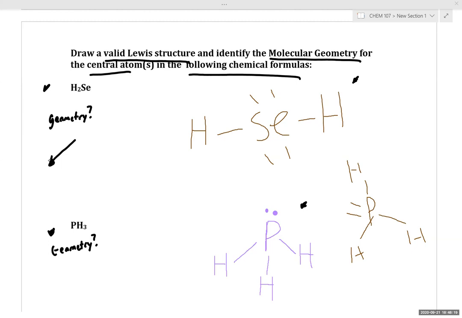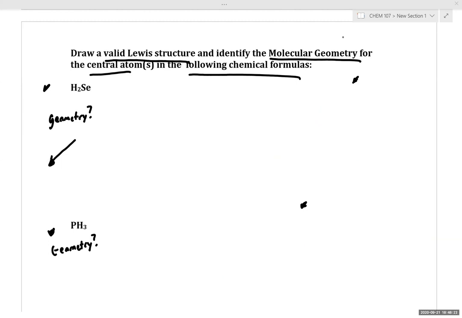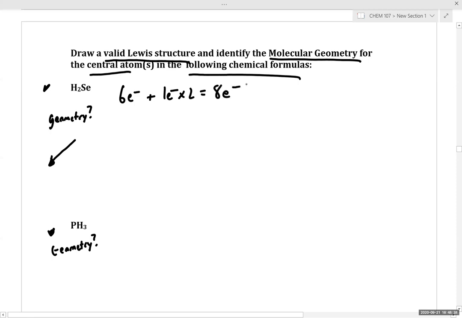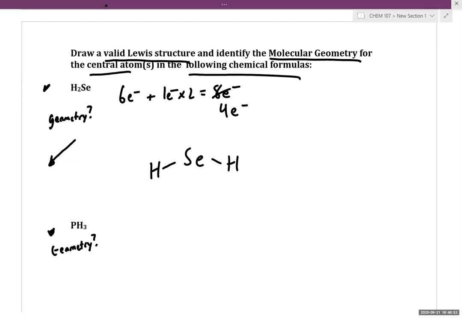Okay, let's clear these proposed responses and talk through the solution. For hydrogen selenide, selenium has 6 electrons. Hydrogen has 1 electron, and we have 2 hydrogens. That gives us an 8 electron structure. We put selenium in the center and surround it with our 2 hydrogens. Then we form 1 bond each, burning through 4 electrons. We have 4 remaining.